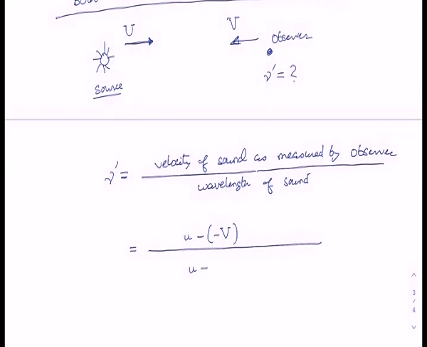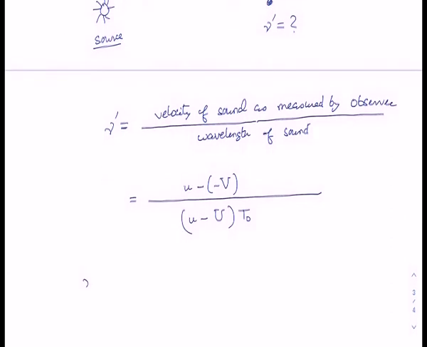The distance between successive crests would be u minus capital U t0, and therefore I can write down the formula here, that would be nu into small u plus capital V divided by small u minus capital U. Here capital V is the velocity of the observer and capital U is the velocity of the source.